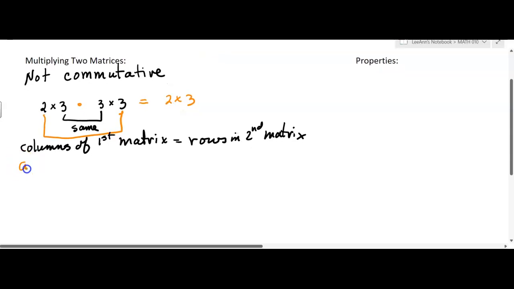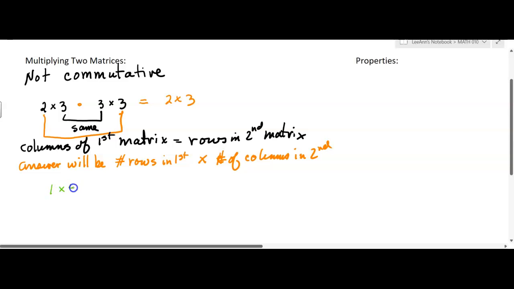Your answer will be the number of rows in the first matrix by the number of columns in the second matrix, okay?